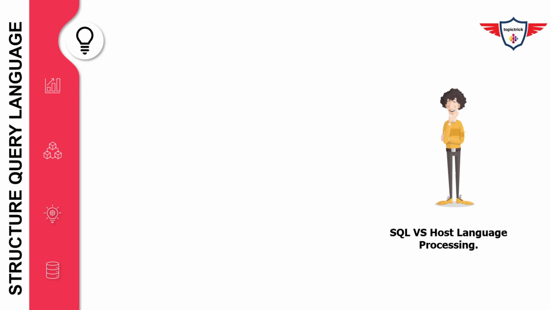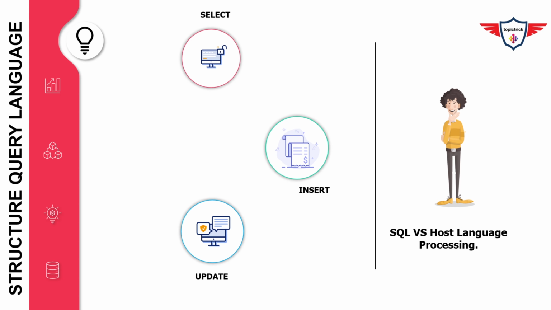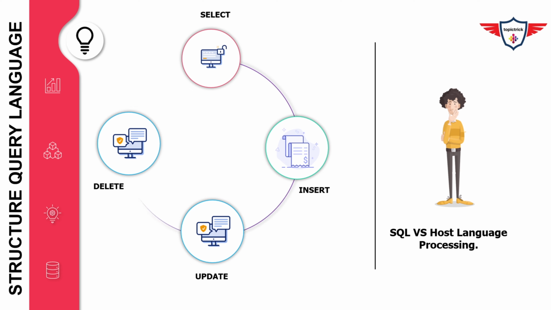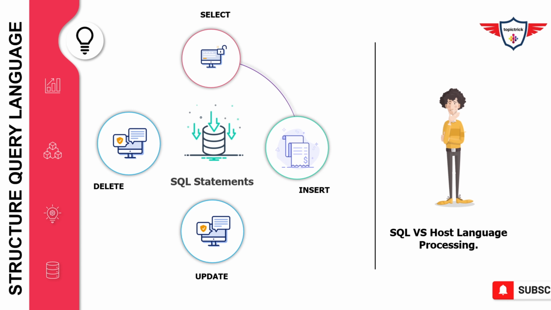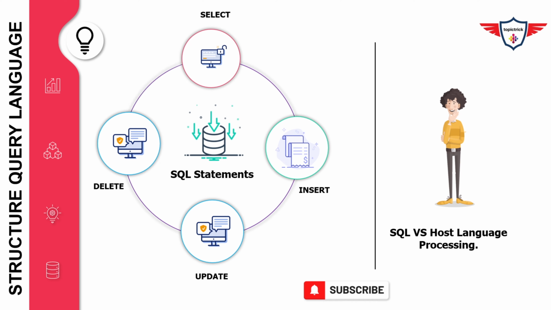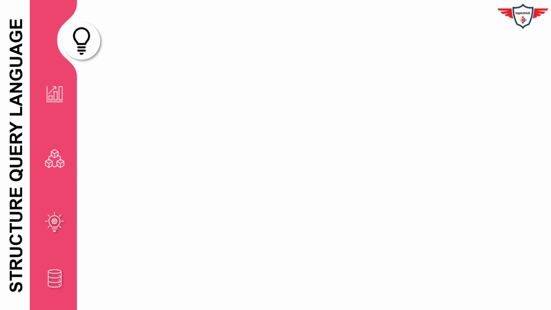Now let's try to understand the difference between SQL and host language programming, and what the important points are that you should keep in mind when you're including SQL statements such as select, insert, update, or delete in your applications, which are created in a host language, for example, COBOL, Java, REXX, or any other programming language.